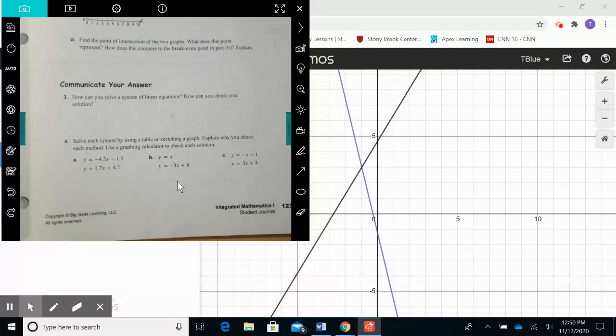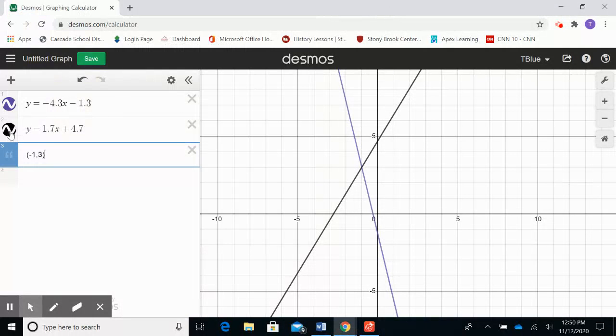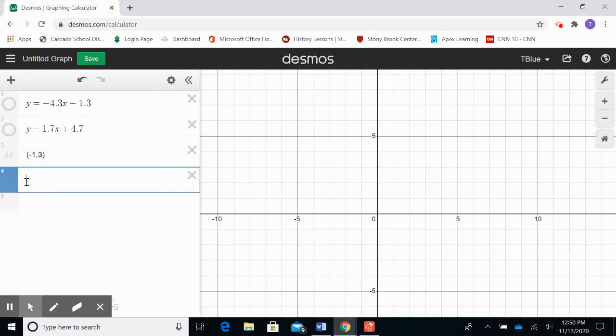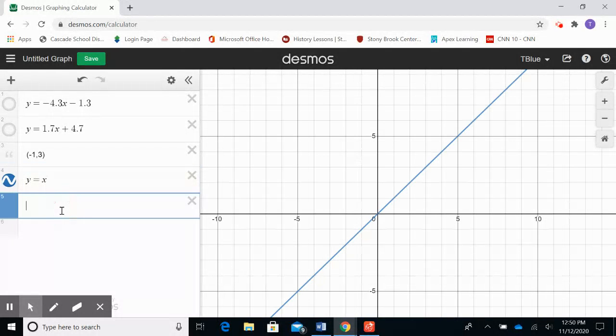We can plug in b. Actually, let's do that. For your homework, since you're going to keep all of your equations on here, you're going to turn those white. For b we have y equals x, and the second equation for b is y equals negative 3x plus 8.